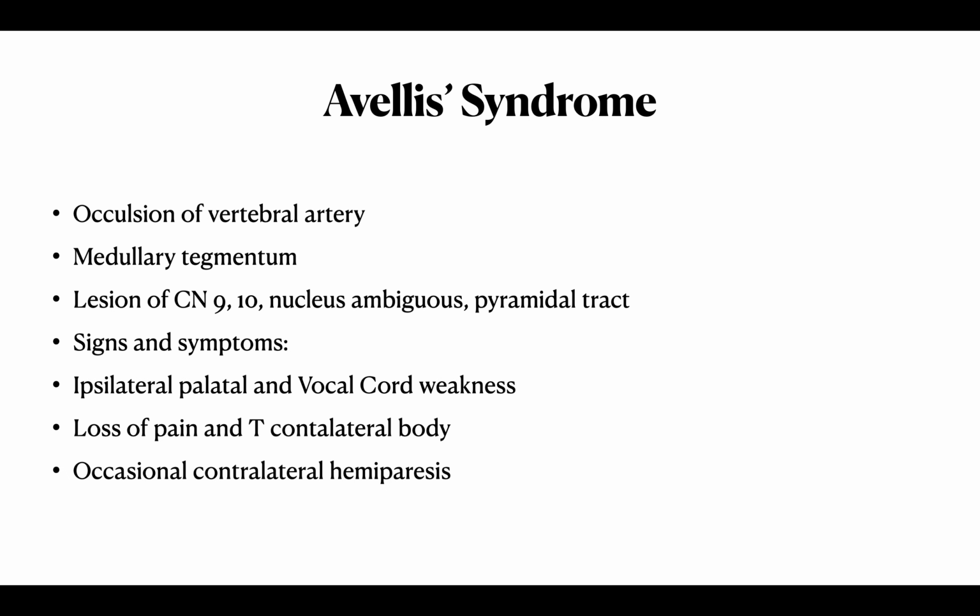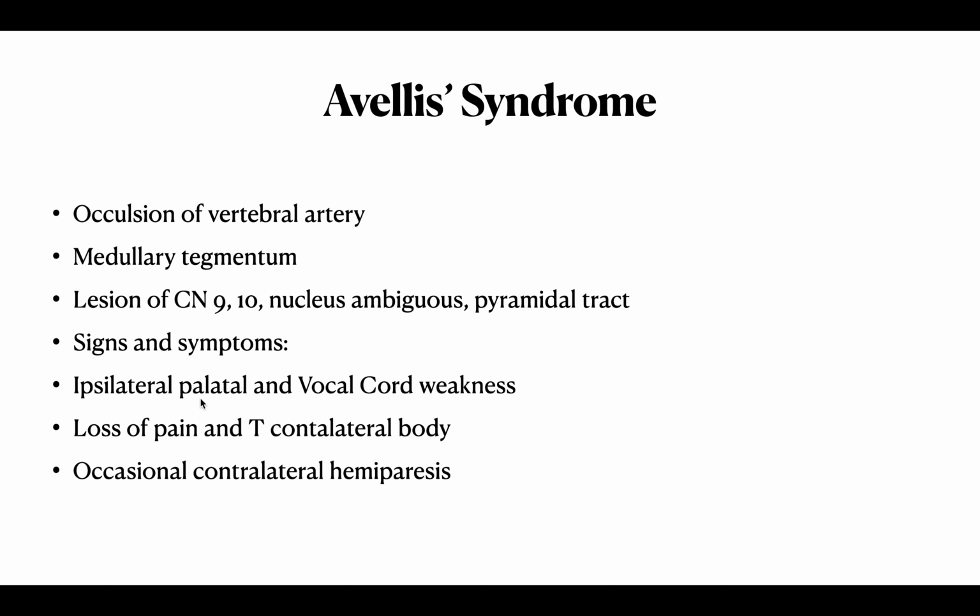Avellis syndrome is going to be due to the occlusion of the vertebral arteries, usually in the medullary tegmentum area. The lesion involves cranial nerves 9, 10, and the nucleus ambiguus, along with the pyramidal tracts.